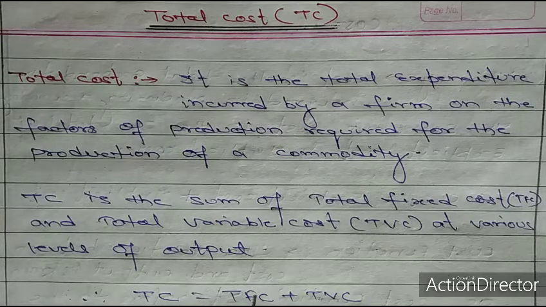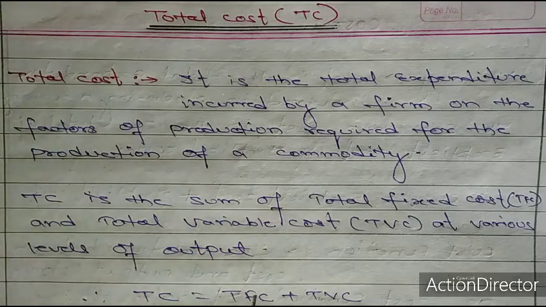So there is no change in the shape due to fixed cost. The total cost curve is also inverse S-shaped, and the change in total cost is due to total variable cost, not total fixed cost.